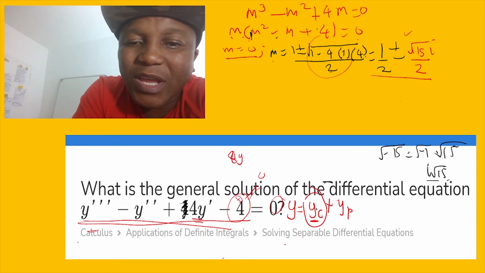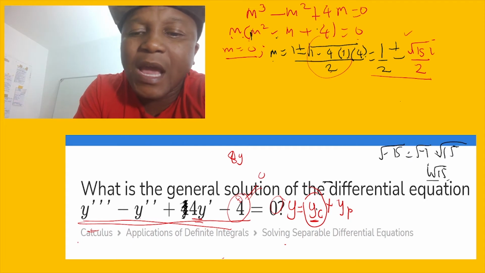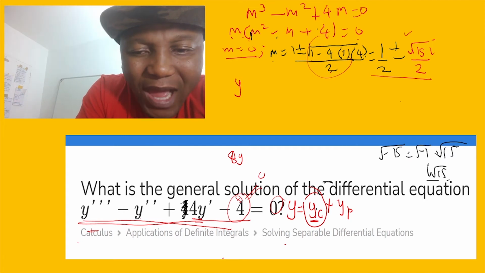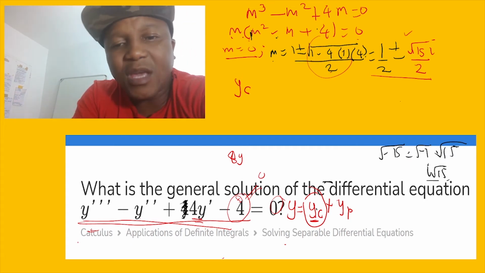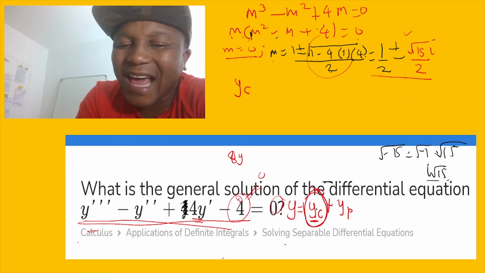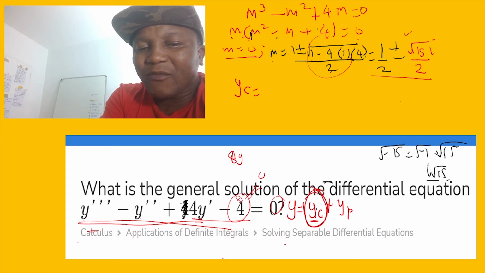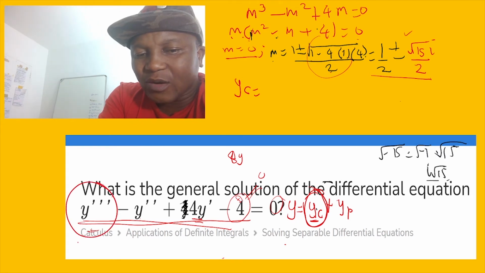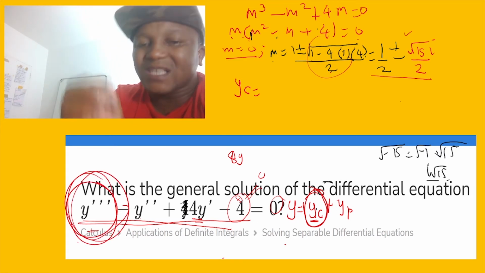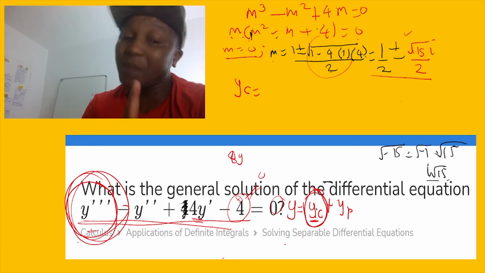So for that case, it's going to lead us to the general solution of the auxiliary equation, which is going to help us get the auxiliary solution. Why am I writing like that? Look, this is a cube, since it's a third derivative, this is how you write it.